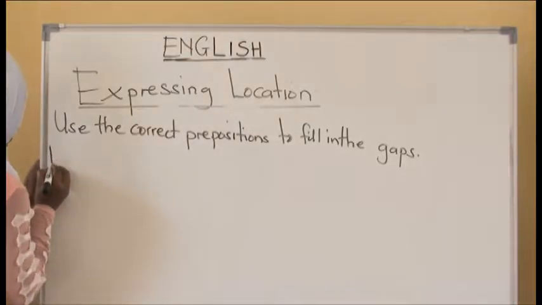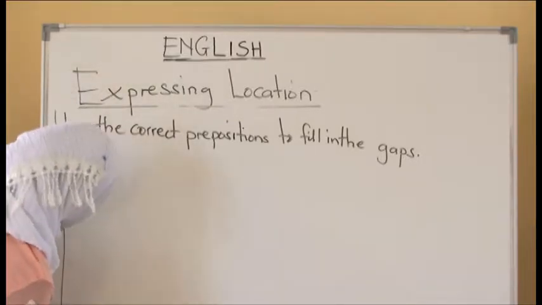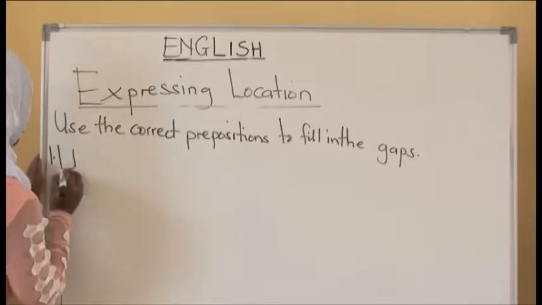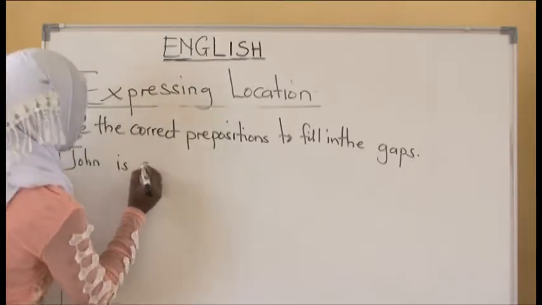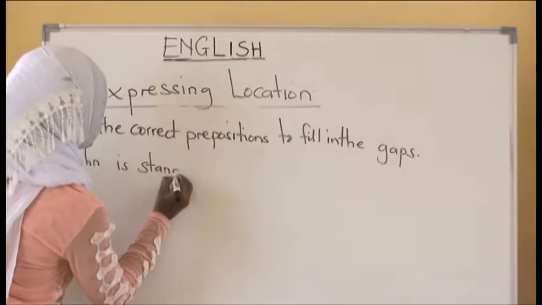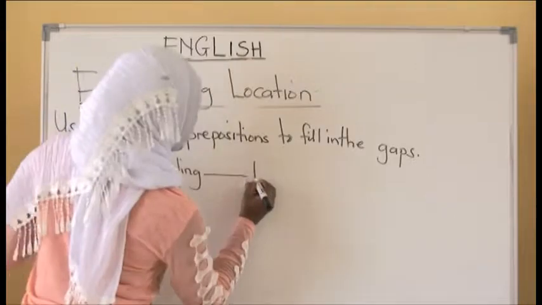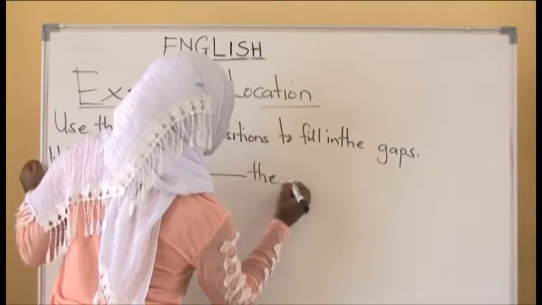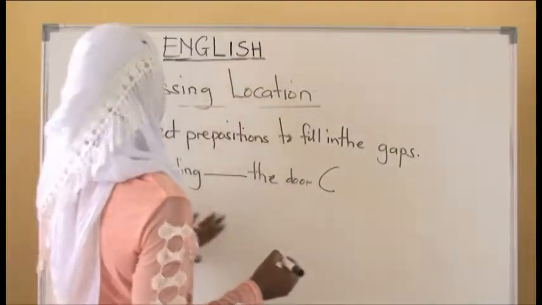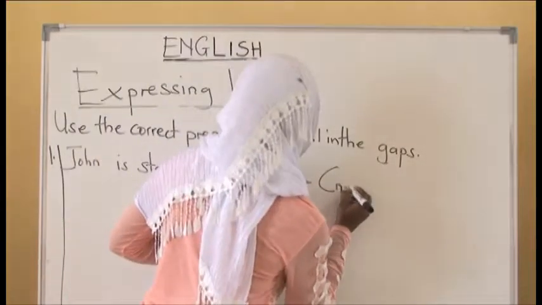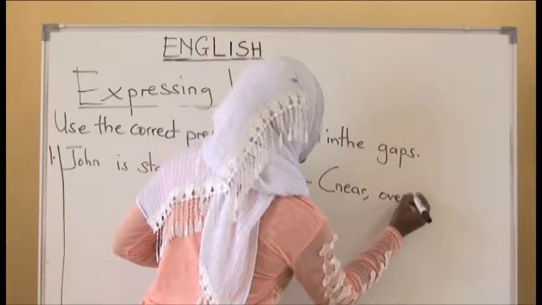Question number 1. John is standing dash dash the door. Here we have the word near, we have the word over.